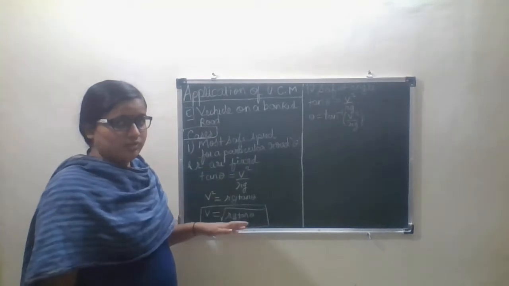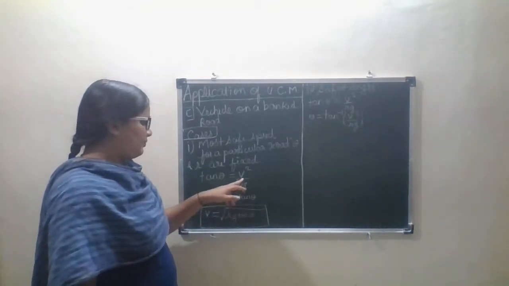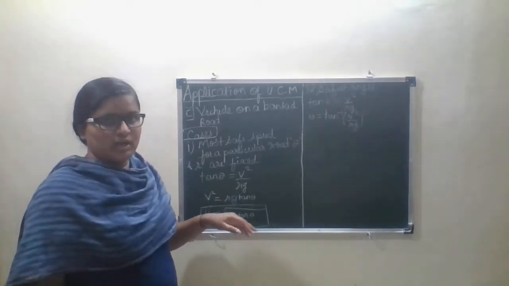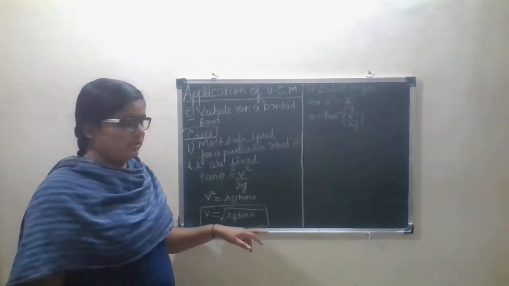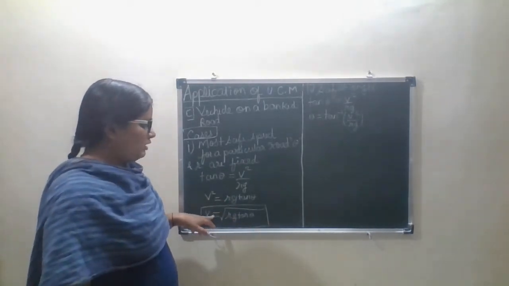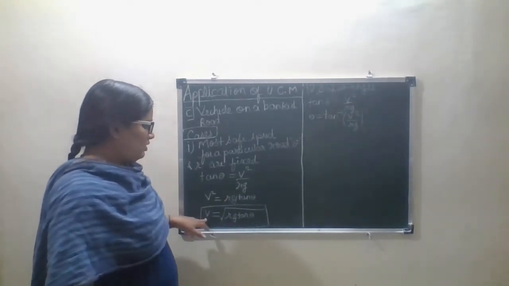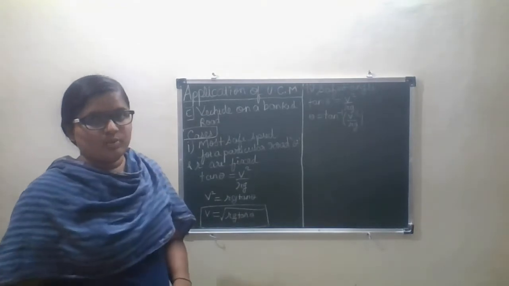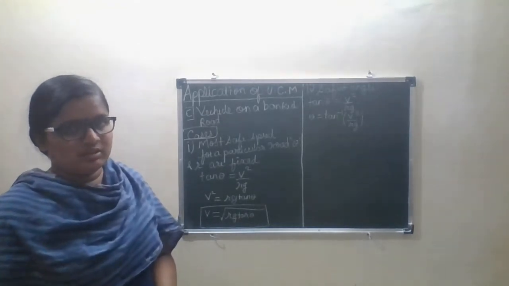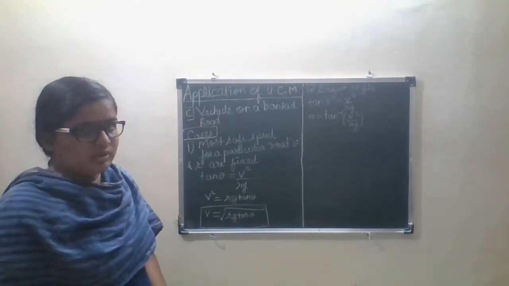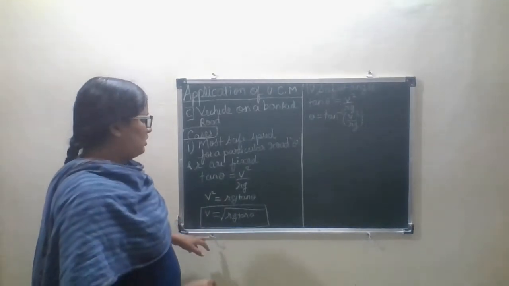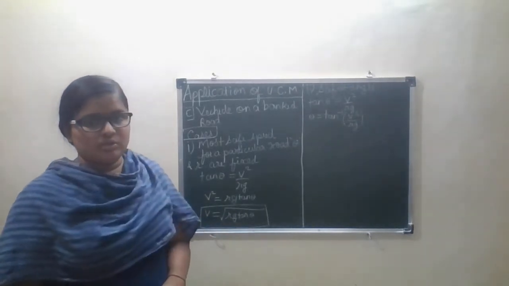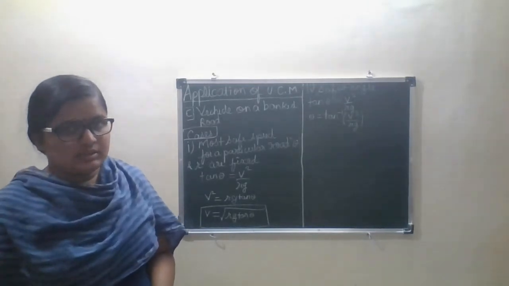Then v square is equal to rg tan theta. Taking the square root, v is equal to under root of rg tan theta. This problem may be asked in your exam, and you can solve it by this. This is the safest speed, v is equal to under root rg tan theta.